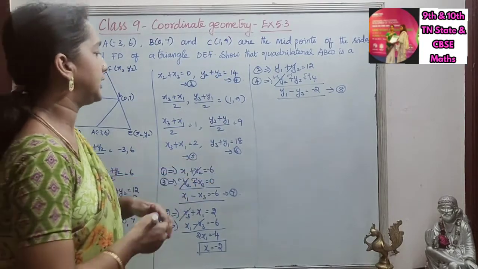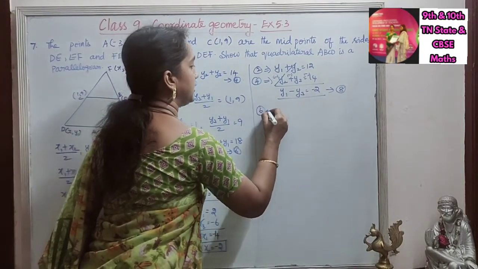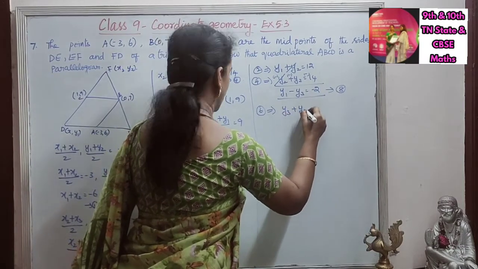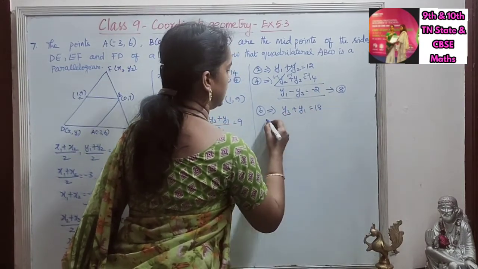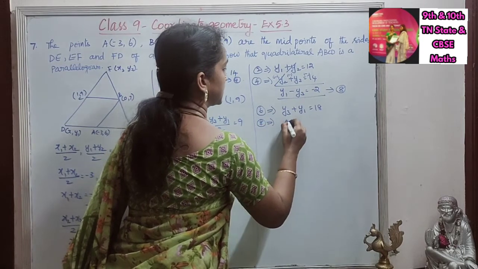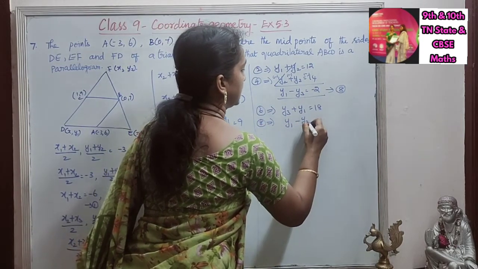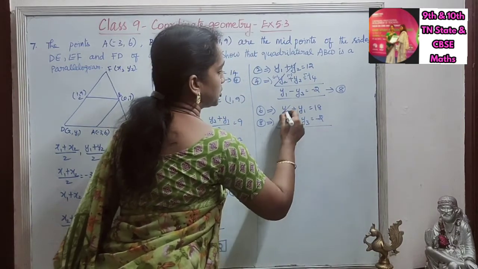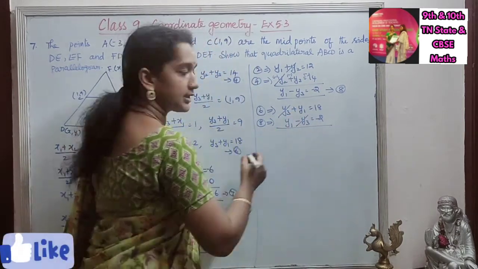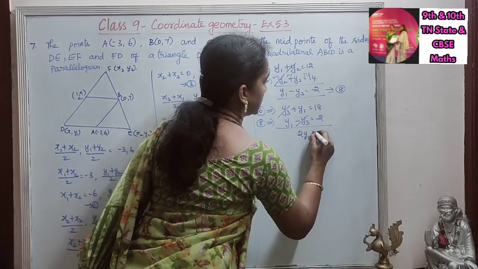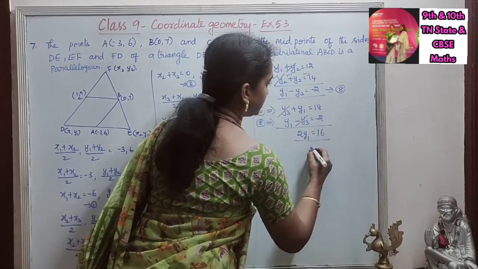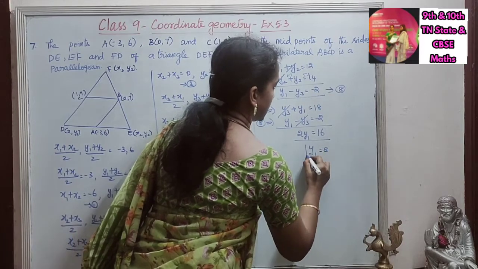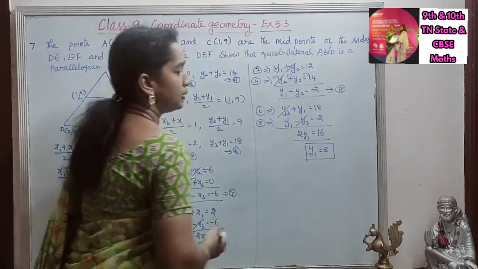Now we will take the 6th equation and 8th equation. The 6th one is y3 plus y1 is equal to 18 and the 8th equation is y1 minus y3 is equal to minus 2. So plus y3 minus y3 will get cancelled. 2y1 is equal to 16. So y1 is equal to 8.